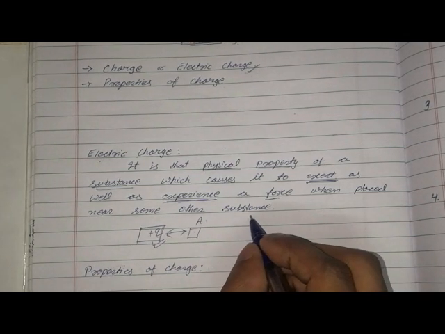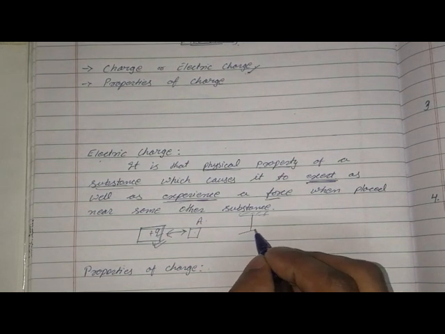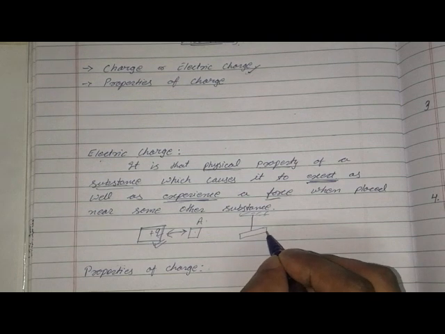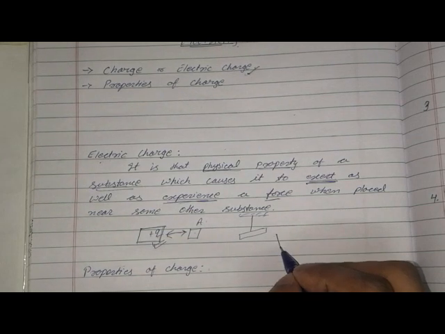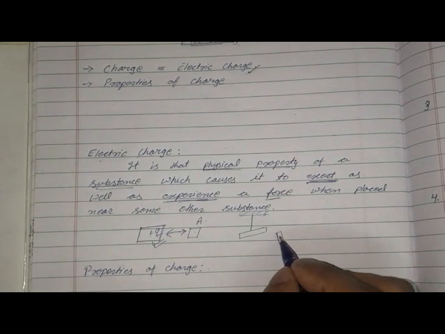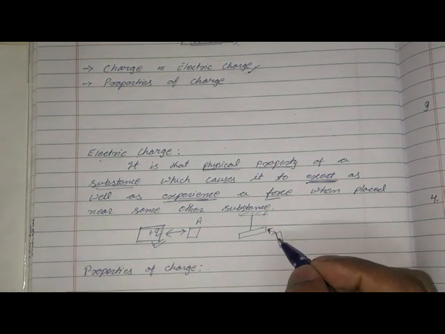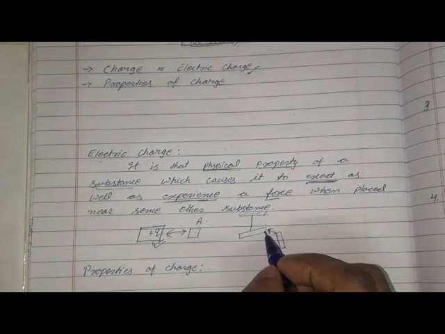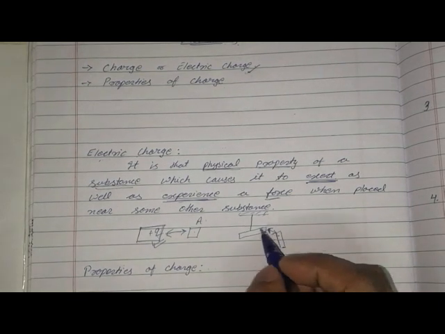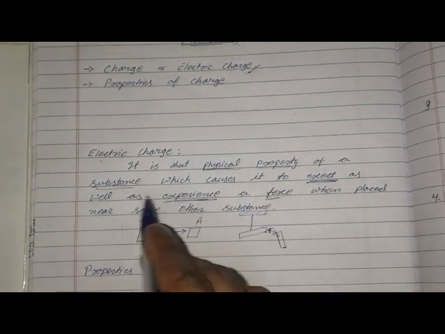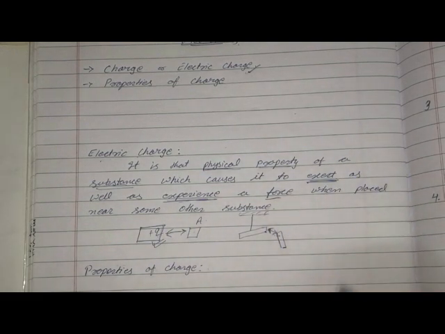Like for example, you take a rod, a scale, and rub it on your head, and you take another scale and rub it on your head also, and then when you bring them near, both the scales will repel each other. So this shows that this has applied some force, and this is also experiencing some force. Hence we can say that it is a physical property of a substance which causes it to exert as well as experience a force when placed near some other substance.